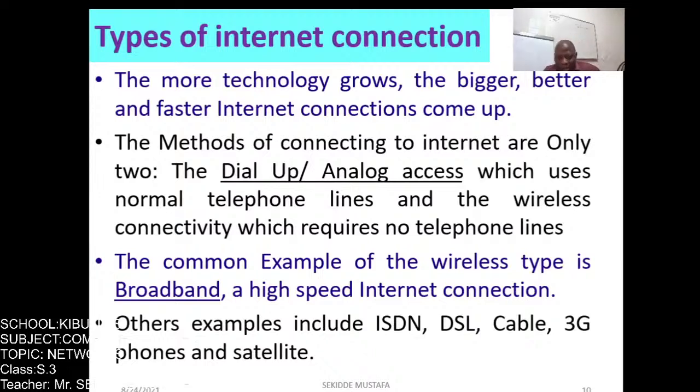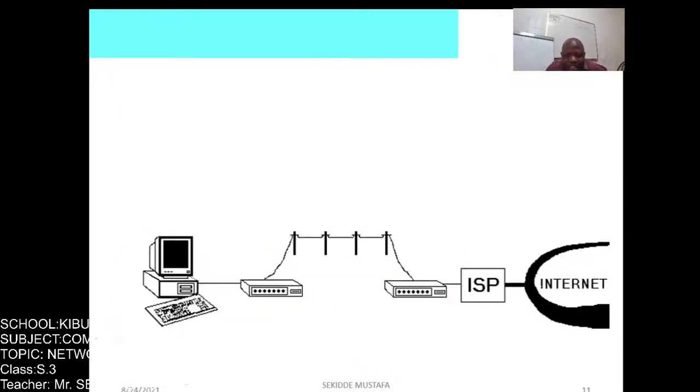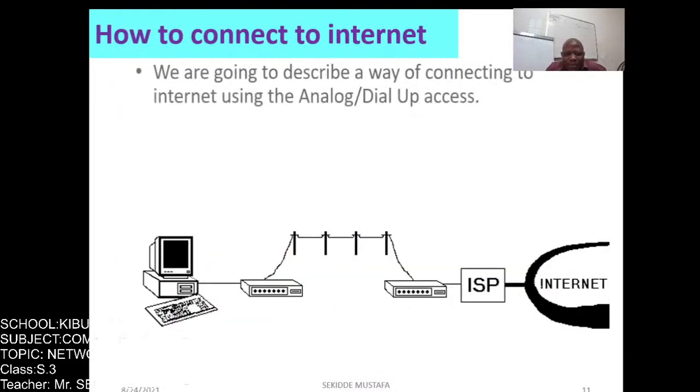Other examples include ISDN, DSL, cable, 3G phones today, and the satellites we are seeing today.